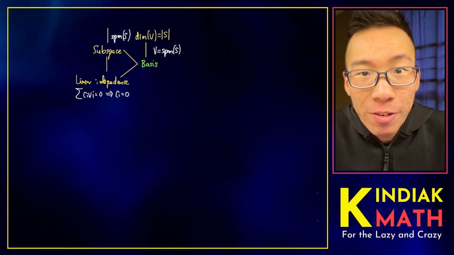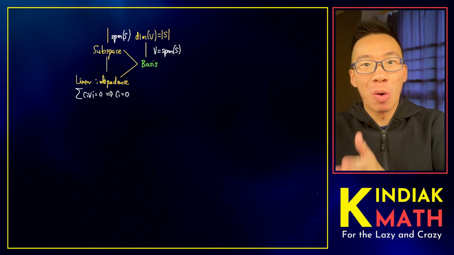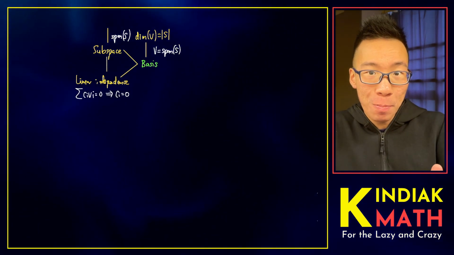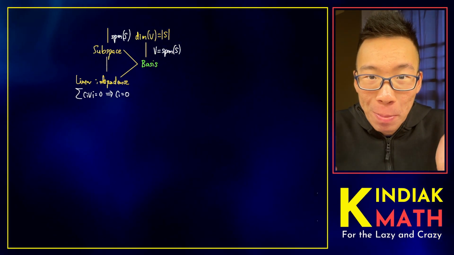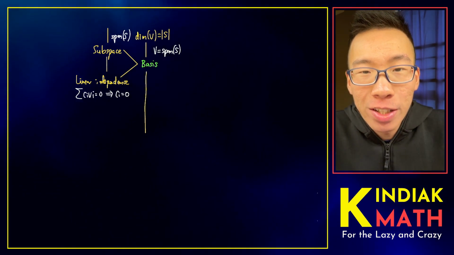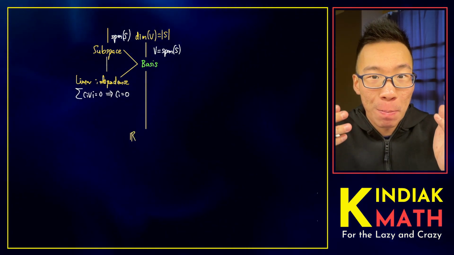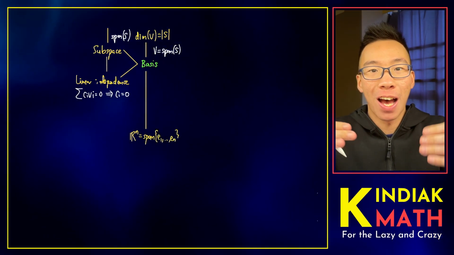In fact, a very common basis that we tend to use is the x, y, z coordinate system, which in n dimensions is what we call the standard basis of the n-dimensional space, and we tend to represent this basis using the notation E subscript i.